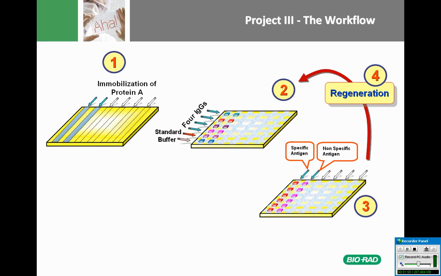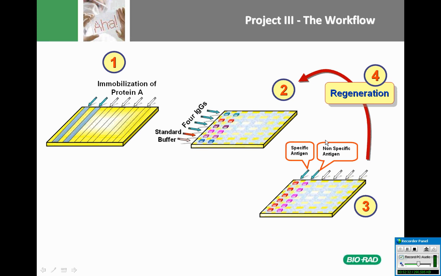So this assay was done by covalently immobilizing protein A on the chip on 2 channels. Then in step number 2, 4 different immunoglobulins from different clones were injected and captured by protein A. In the 5th channel, a standard concentration of an IgG was injected to serve as a calibration point, and running buffer was injected in the 6th channel for referencing.